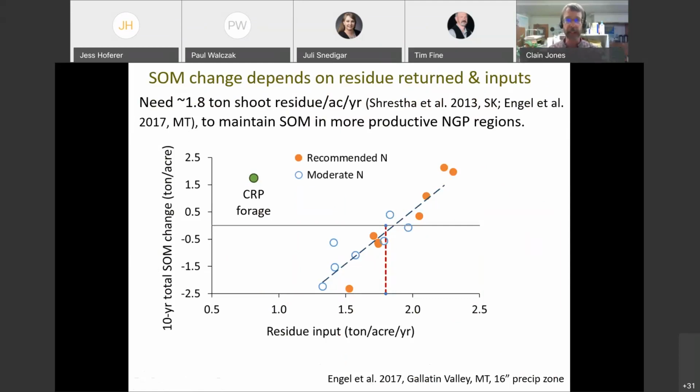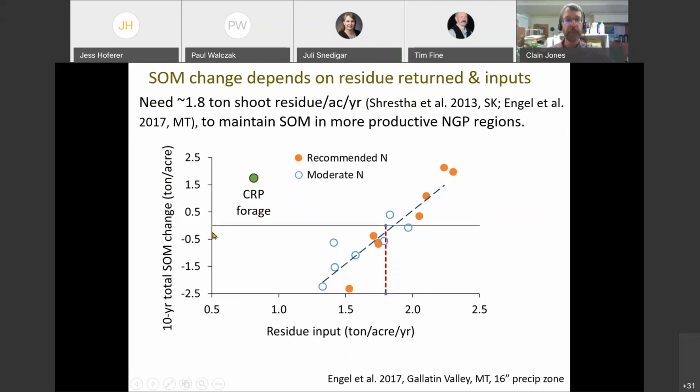And that probably makes a lot of sense to you: if you just leave more stubble behind, you're probably going to build more soil organic matter. So this graph shows residue input in tons per acre per year on the horizontal axis and the 10-year total soil organic matter change in tons per acre on the y-axis.